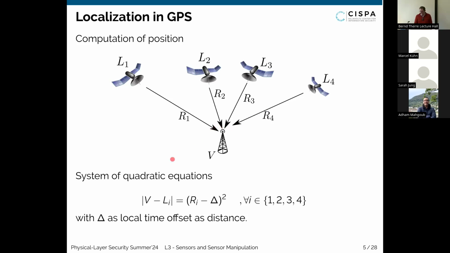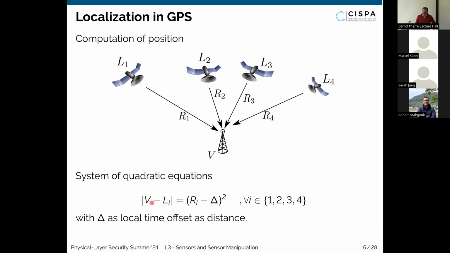And then, if you like equations, you build a system of equations like this, where for each satellite you build an equation where you have the location estimate of yourself, you have the known location of the satellites, and you want to minimize this essentially.